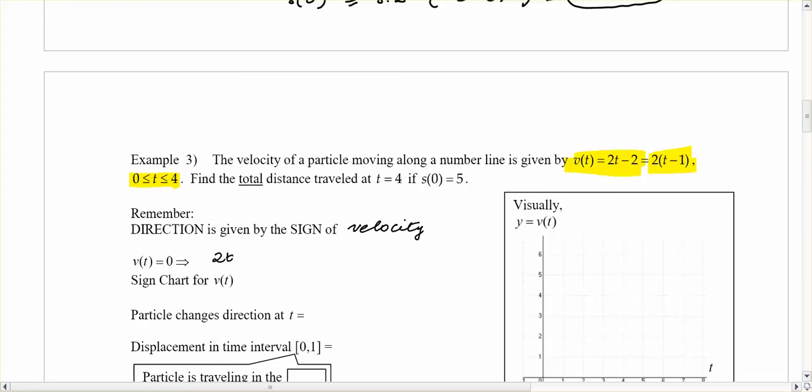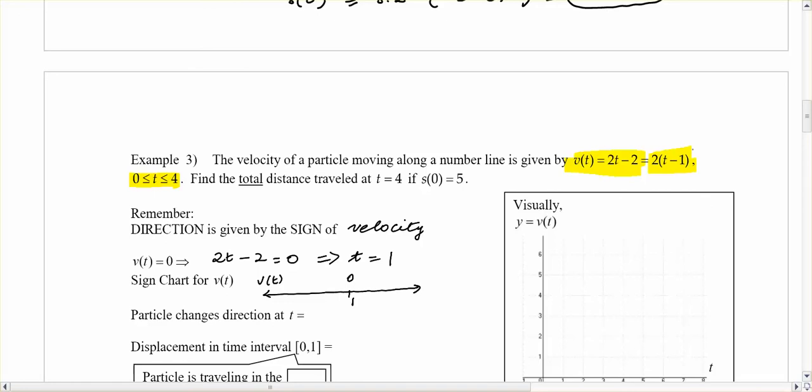So if we put 2t minus 2 equal to 0, we can see where we cross the x-axis. 2t equals 2. t will be equal to 1. And if we were to make a sign chart for the velocity function, v of t is equal to 0 when t is 1.